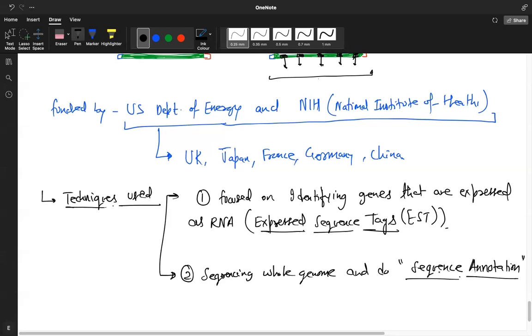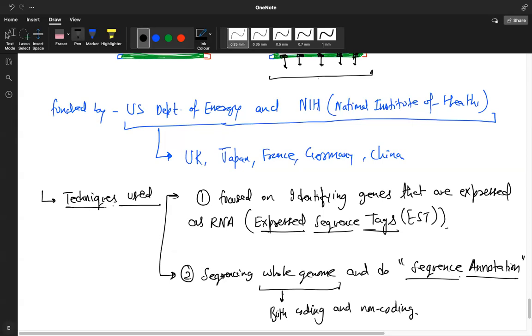You understood sequence annotation, where you do not have a target like genes that are expressed in the form of RNA, where you can put a tag and you can just focus on the expressed sequence tags. This is sequencing the whole genome, which includes both coding and non-coding. Coding means protein coding. Non-coding region, and then do sequence annotation to arrange it.